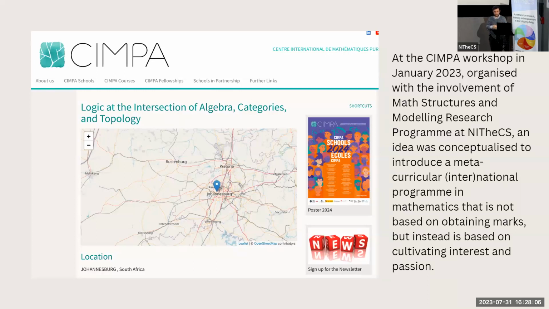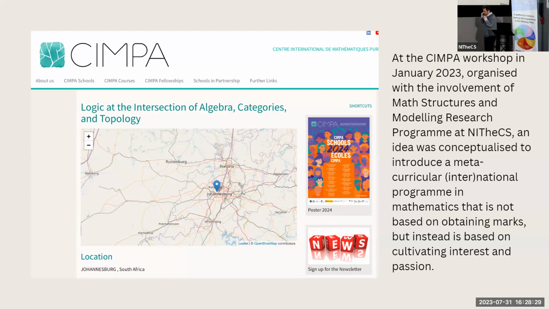There we had a series of meetings after the main program of the school, where an idea was conceptualized to introduce a meta-curricular, hopefully international, program in mathematics that is not based on obtaining marks, but instead on cultivating interest and passion.